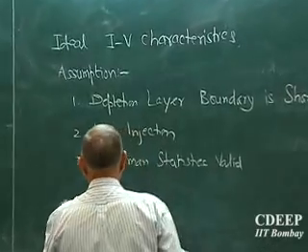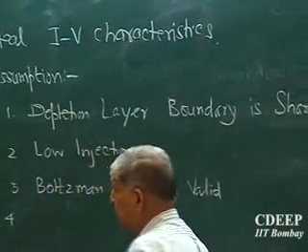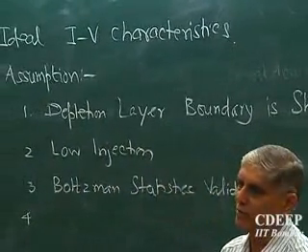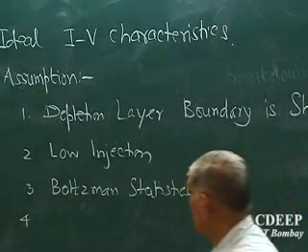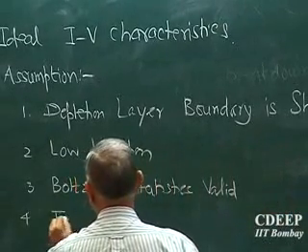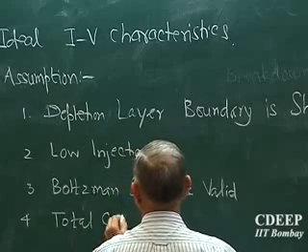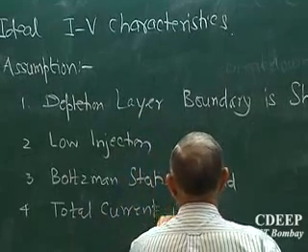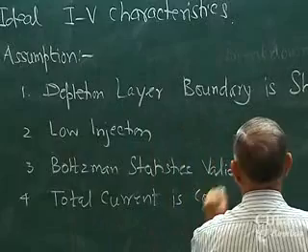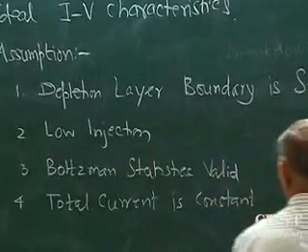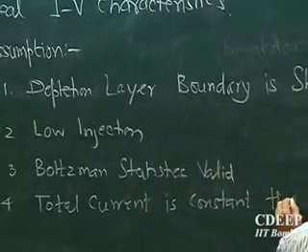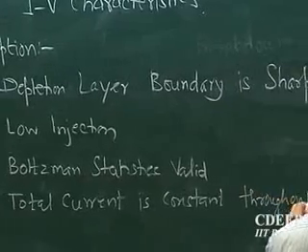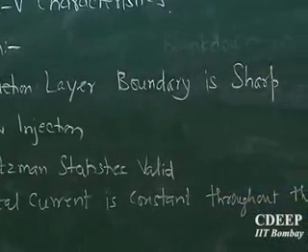The fourth and the most important property of any device, and diode is specific here: the total current is constant for a given bias throughout the device. This is most important.